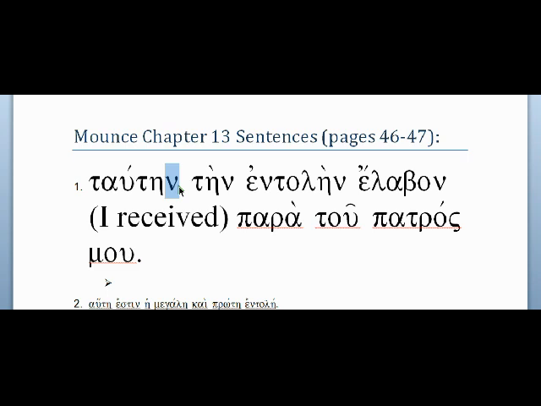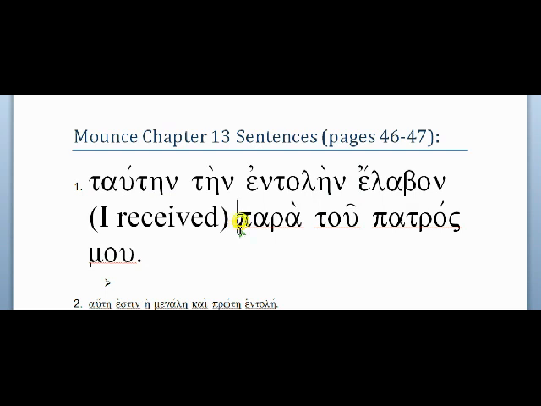When you see a nu, it's not always the case, but the first thing that should hit your head is that it's the accusative singular ending. So this string is going to be your direct object. You're going to say, I received this commandment, all right?